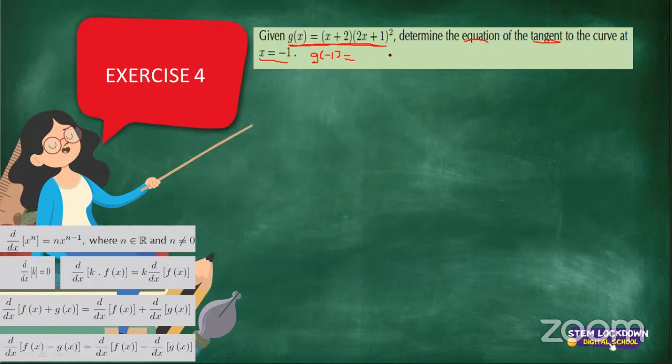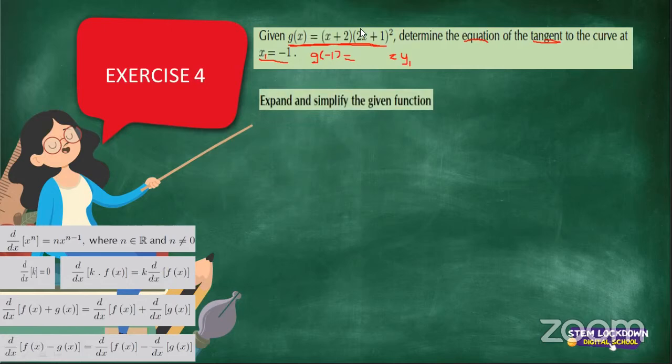After that, we will get our y1, because this is our x. To get the corresponding value of y with this x value, we substitute into the function. But then for the tangent, again, remember to differentiate.